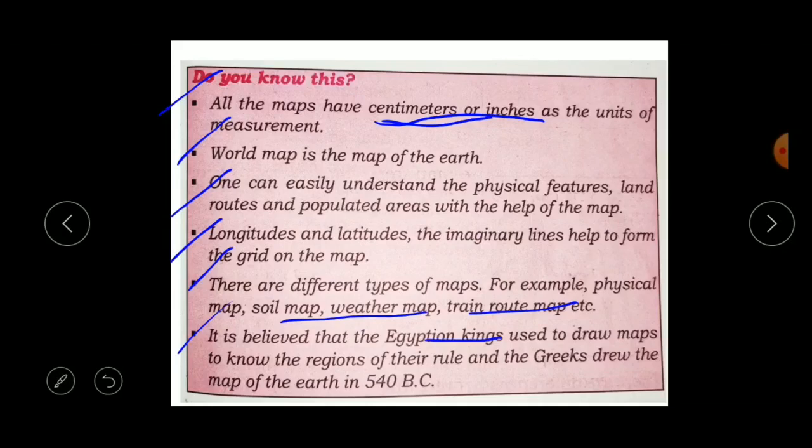Okay, and the Greeks are nothing but the people who live in Greece. Greece is the name of the country, so those people are called Greeks. So those Greeks drew the world map of the earth. Okay, they drew the map of the earth in 540 BC. Okay, children.